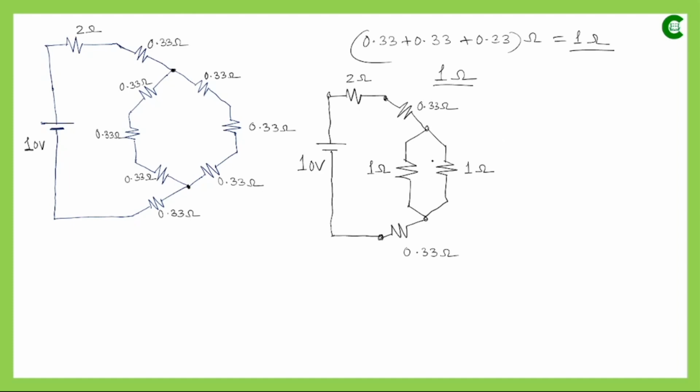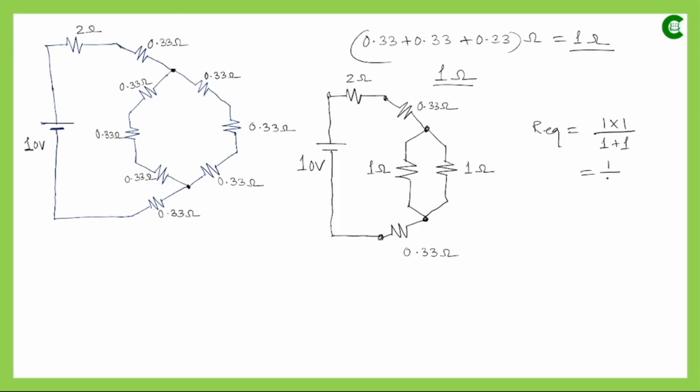Now we can see this 1 ohm resistance and this 1 ohm resistance, they are connected in parallel. So we know that when we say two components or two branches are connected in parallel, their endpoints are common. So this 1 ohm and this 1 ohm, since they are connected in parallel, their equivalent resistance will be the multiplication of their individual values divided by the summation of their individual values.